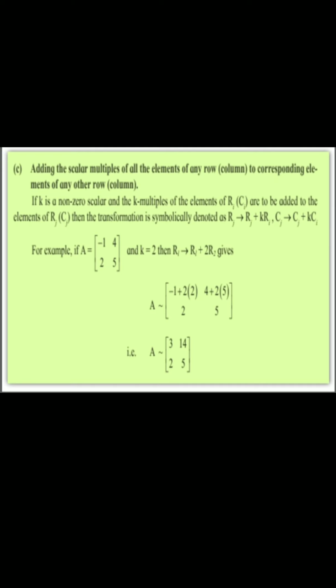That is, we get matrix A equivalent to first row 3, 14, second row 2, 5. We learn the multiplication, that is in matrix A, first row changes, there are values 3 and 14, second row it is as it was.